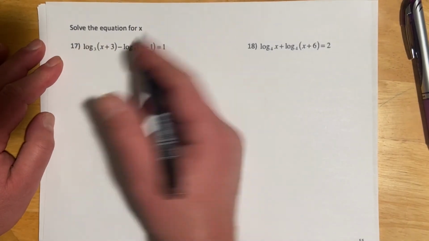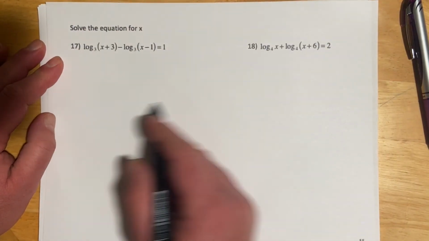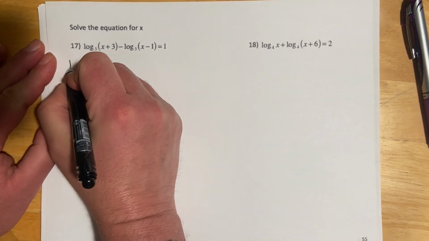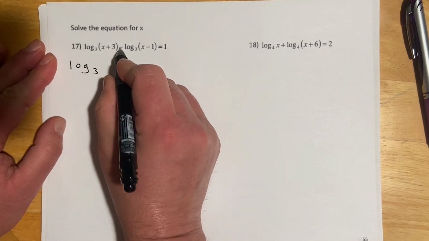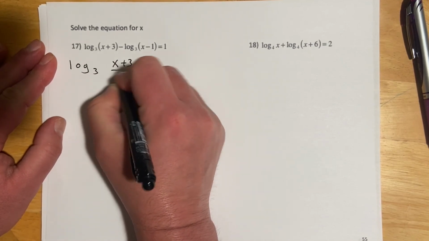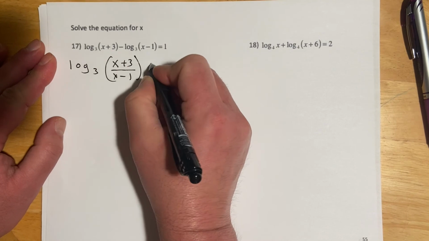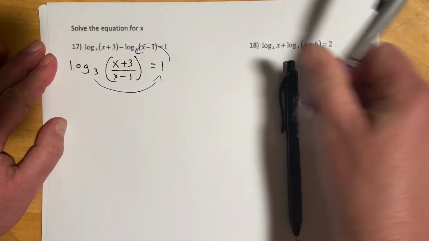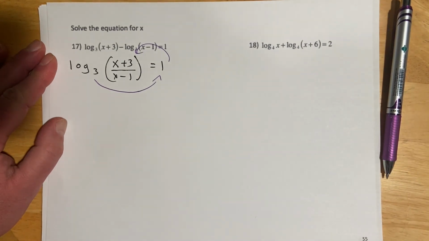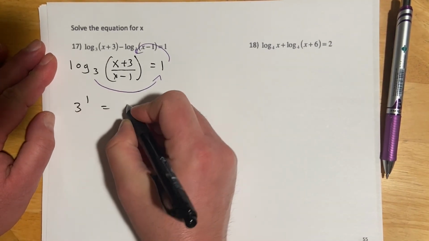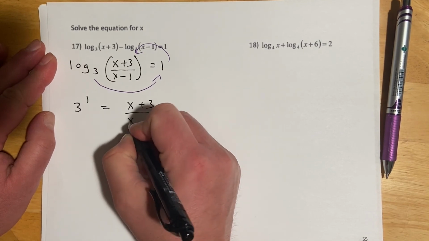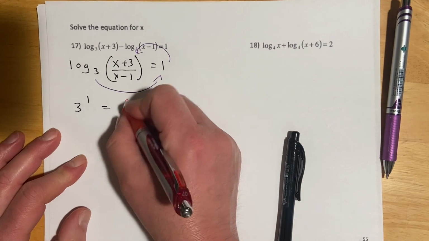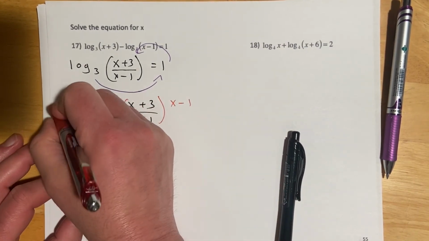And then these last few we're solving, we'll write it as a single log, switch to exponential form, and then just kind of see where we've got to go. So this is log base 3, that's a minus, so this one will be a division, equals 1, and then we're going 3 raised to the 1 makes the stuff inside, x plus 3 over x minus 1. Fractions, always good to clear those, so let's bring the x minus 1 up on both sides.